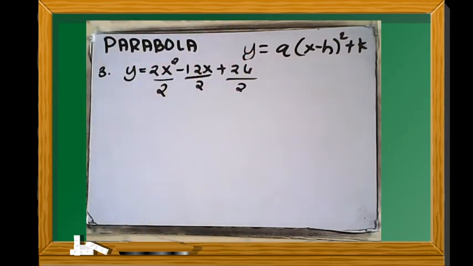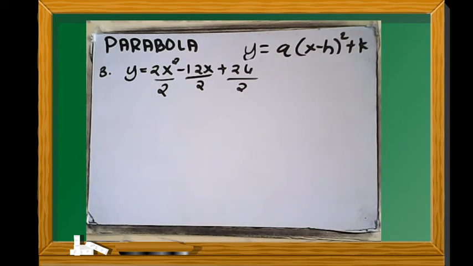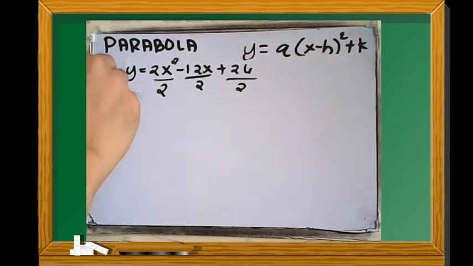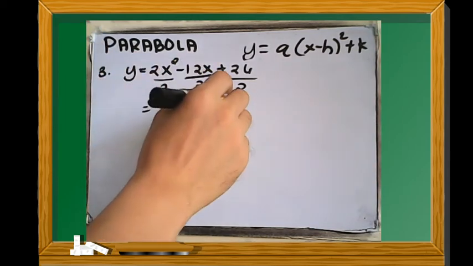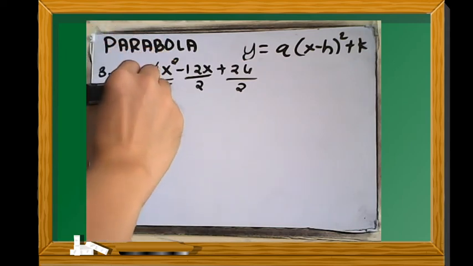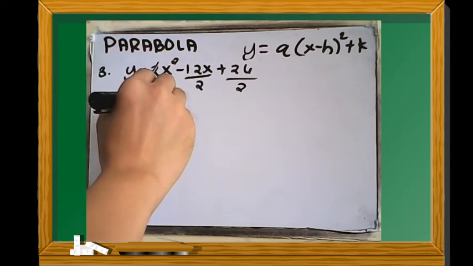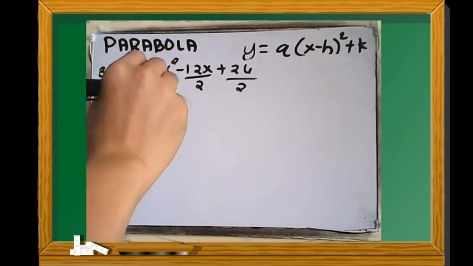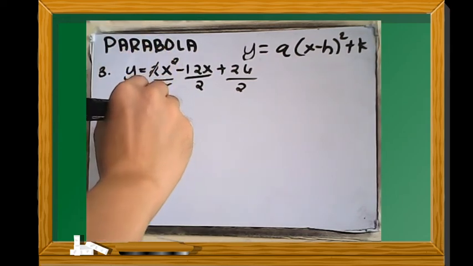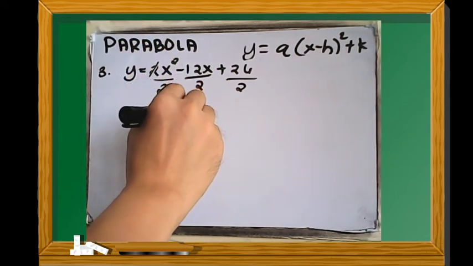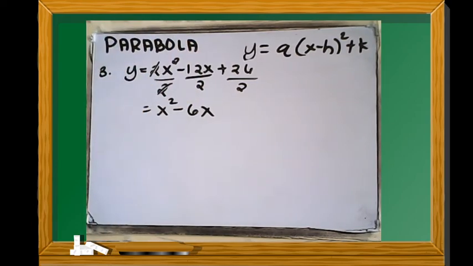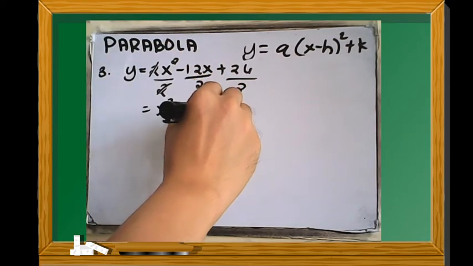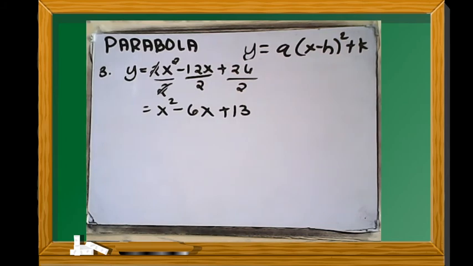Though this is not the right process, but this is a shortcut to identify the vertex and axis of symmetry. So after dividing all terms by 2, makakancel na to. So it becomes x squared, and the negative 12x divided by 2 is negative 6x, and then 26 divided by 2 is positive 13. So na-reduce na natin siya.